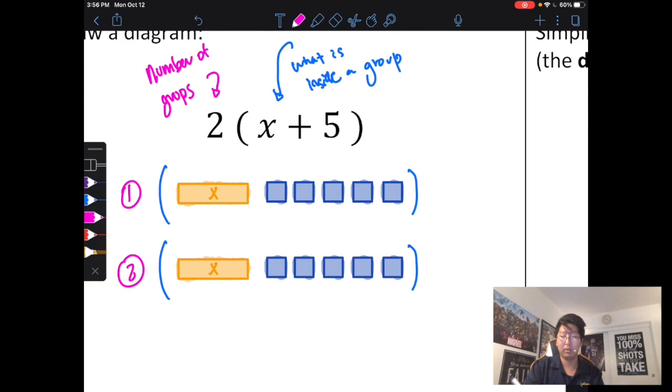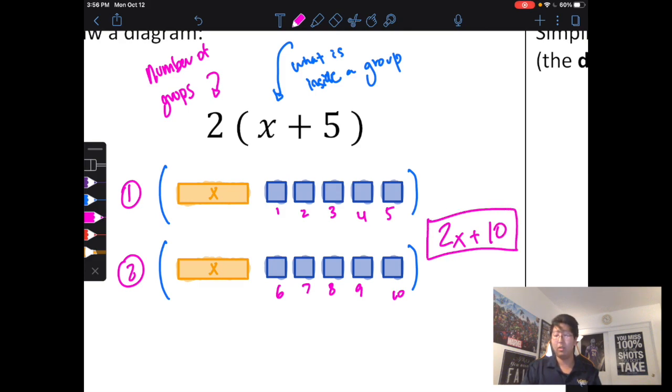So I have 2x plus 1, 2, 3, 4, 5, 6, 7, 8, 9, 10. 10 unit tiles. So here, if I look at my drawing, I'm able to say that I have 2 x tiles and 10 unit tiles if I drew out two groups of x plus 5.